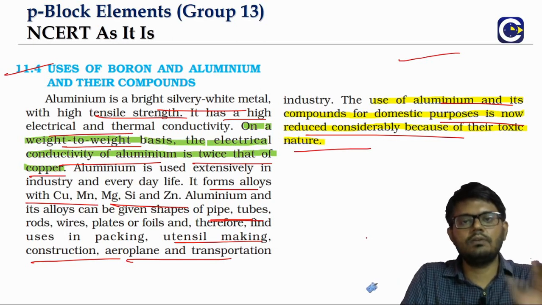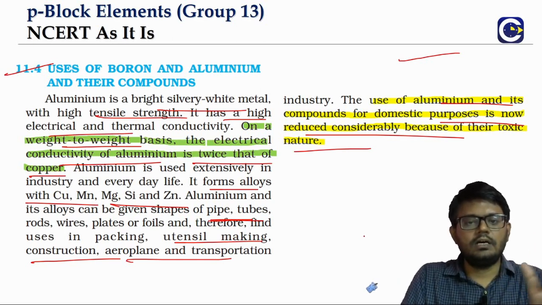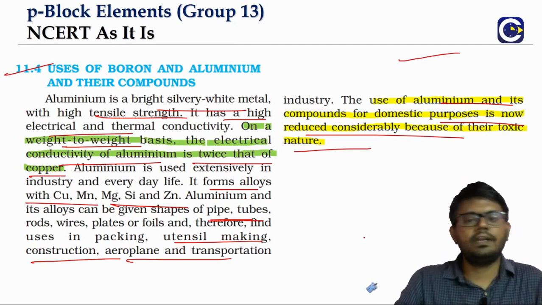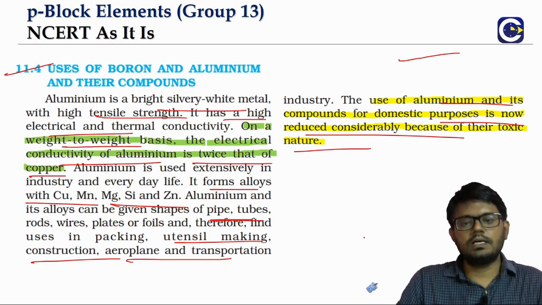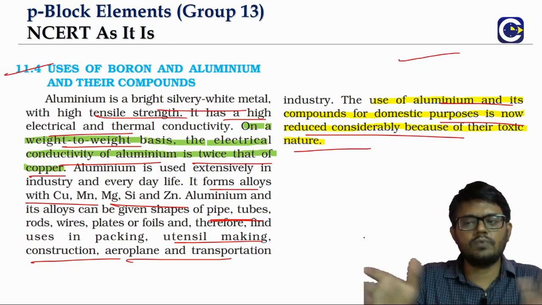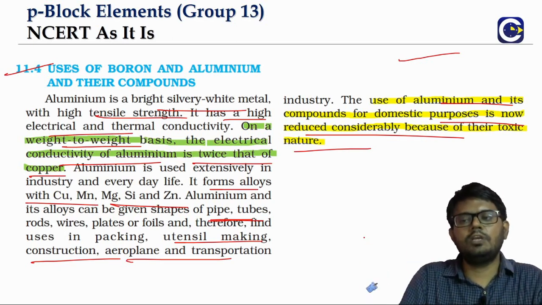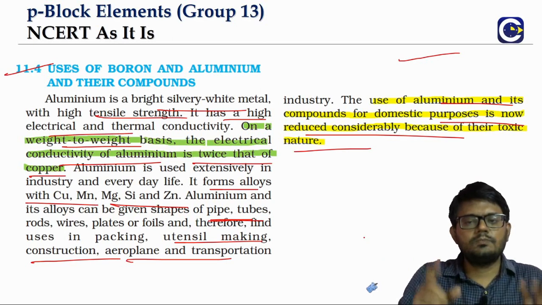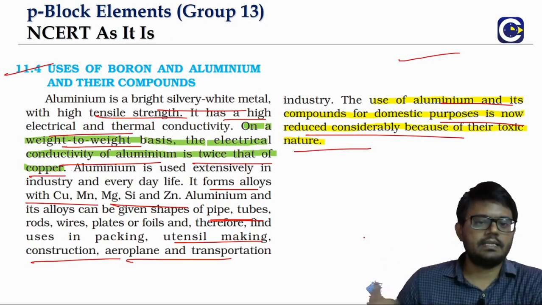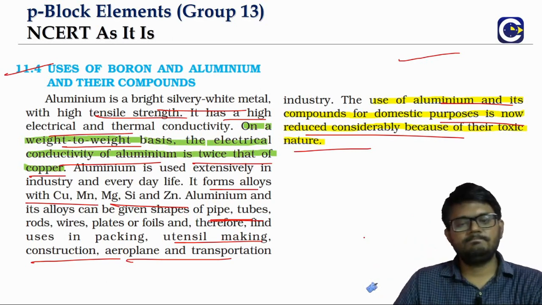Basically, wherever we require lightweight and high tensile strength, aluminum fits, and we can use it for manufacturing devices there. Nowadays we use less aluminum for domestic purposes because of its toxic nature when it stagnates in the food chain.